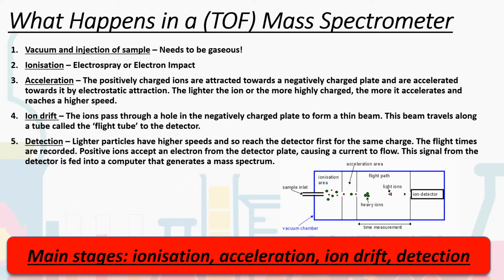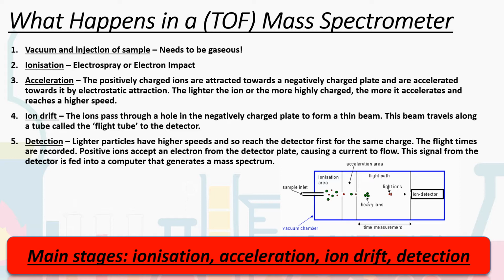So the main stages here really are ionization, either through electron spray or electron impact, acceleration, where we move them towards a negative plate by electrostatic attraction, ion drift, where we pass through the hole and we measure, in a time of flight mass spectrometer, the time it takes for them to go from that negatively charged hole to the detector. And then finally, we have our fifth stage here, which is detection. And so this is the electrons flowing to the positive ions, and that flow of current is what we eventually get changed into our mass spectrum.